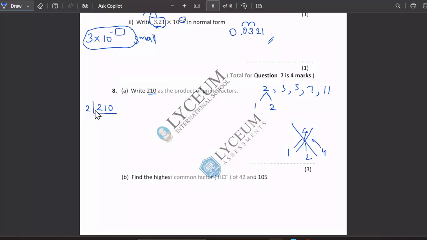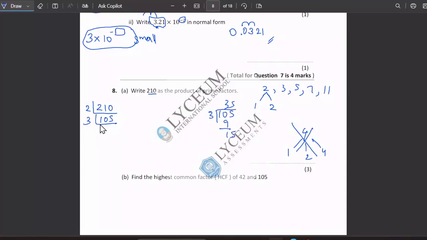We always start from the smallest prime number, that's 2. When we divide by 2, we will get 105. Okay. After this, let's see whether we can divide this by 3. Yeah, we can divide by 3.